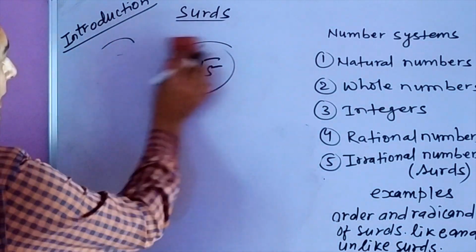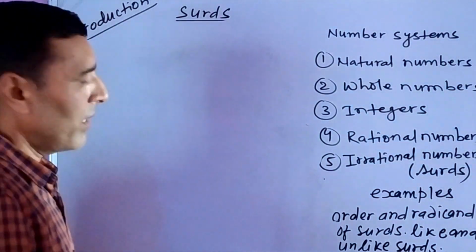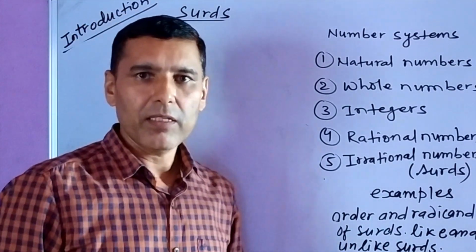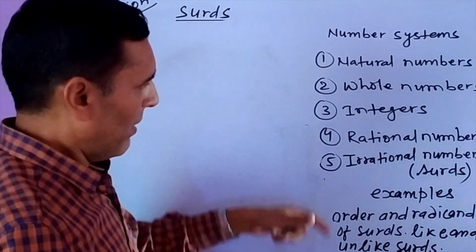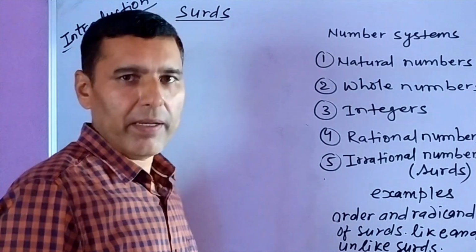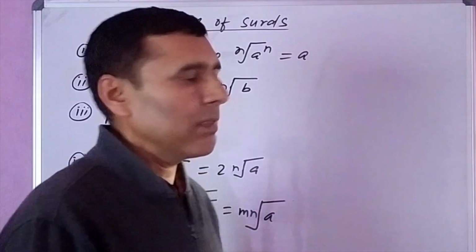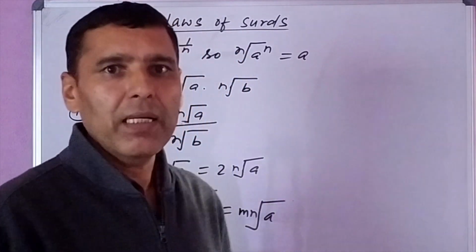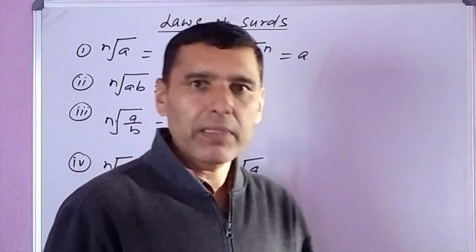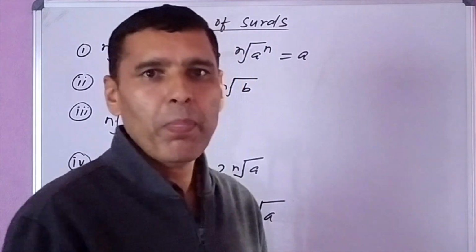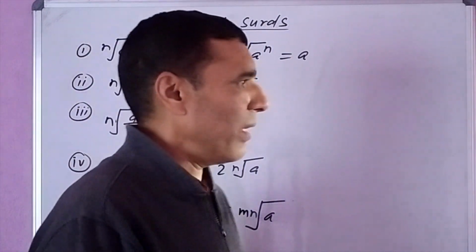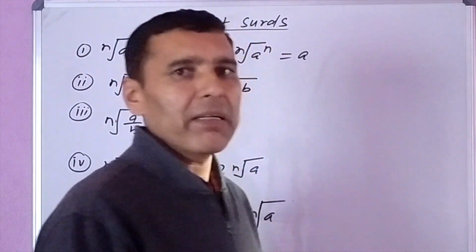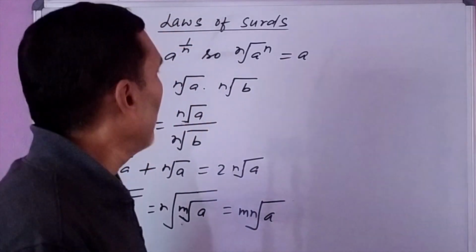So like surds can be added and subtracted, but unlike surds cannot be added and subtracted, but can be multiplied and divided. We know that surds are irrational numbers whose exact decimal value cannot be obtained. If you get the decimal value, it comes in the form of a non-terminating and non-recurring decimal.